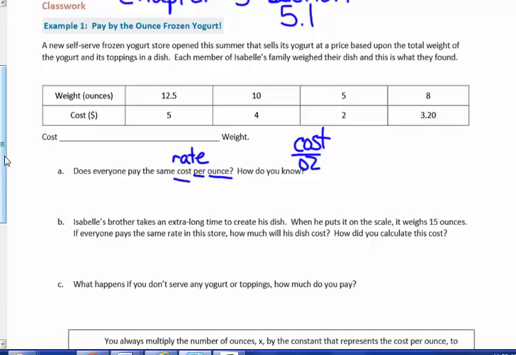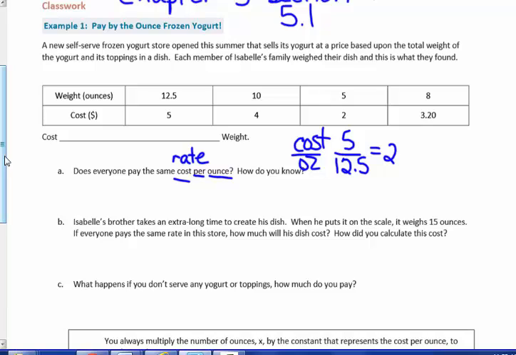So it would be 5 divided by 12.5, cost per ounce. What's 5 divided by 12.5?